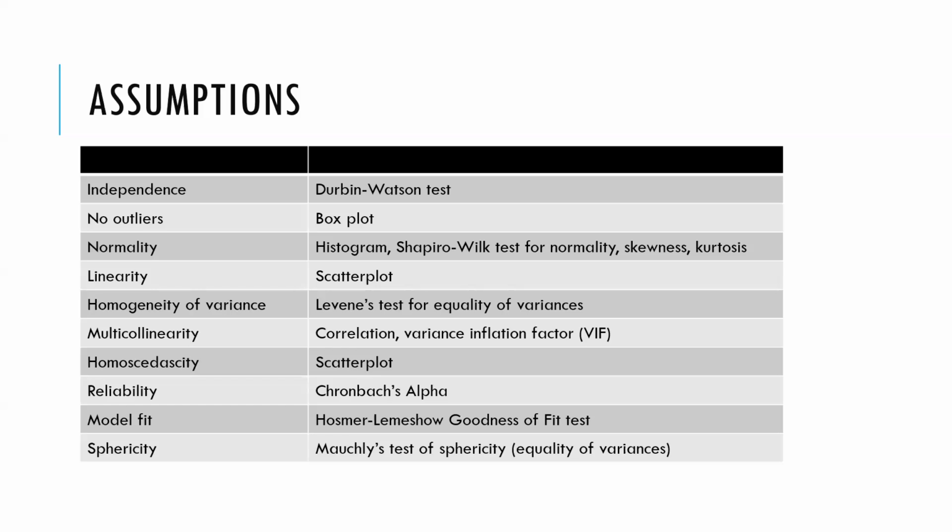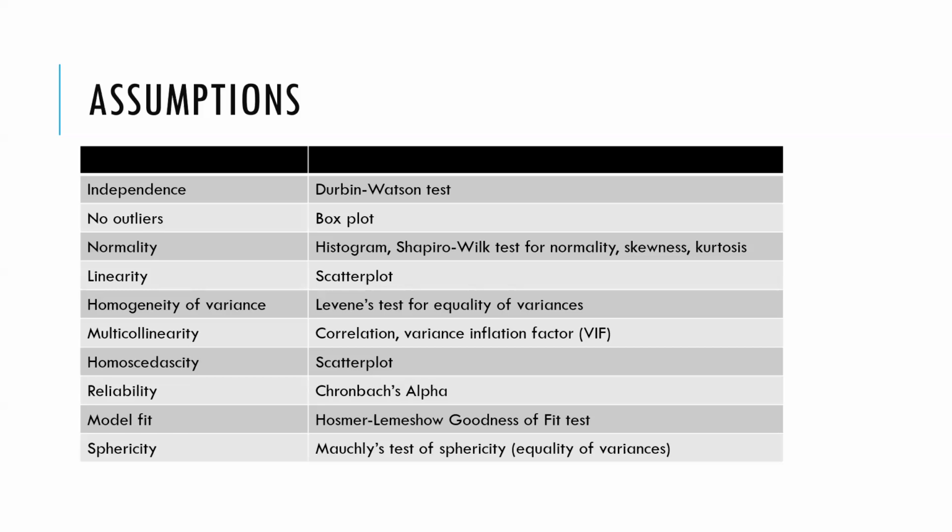You should also be looking at the homogeneity of variance. There's a Levene's test for both the t-test and the ANOVA, testing for homogeneity. There's also multicollinearity, which means these variables are so tightly intercorrelated. So there's what's called a variance inflation factor. You can also just simply run multiple correlations and see how tightly correlated they are.